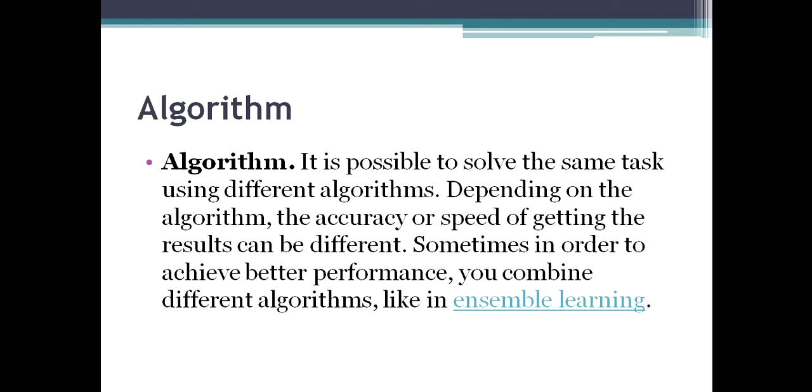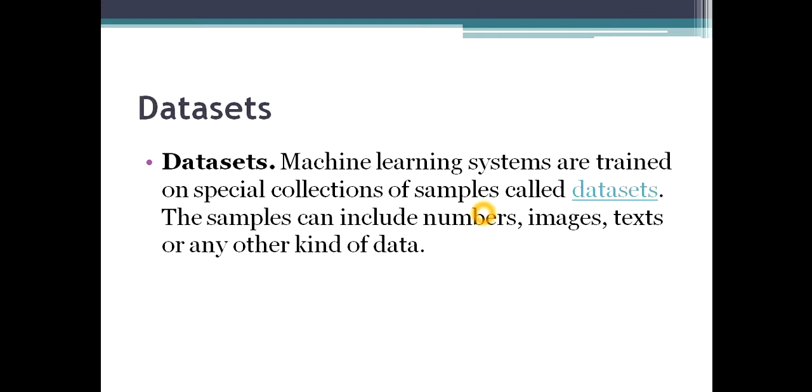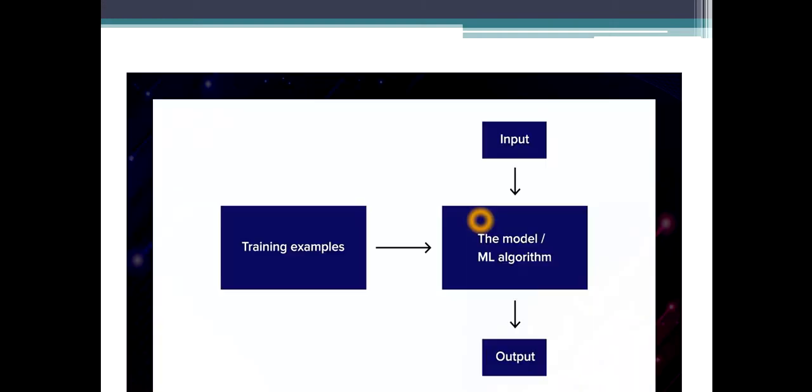So in order to achieve better performance, sometimes you may combine different algorithms. One such example is ensemble learning, where we combine different algorithms to achieve better performance. These three are the components of machine learning.